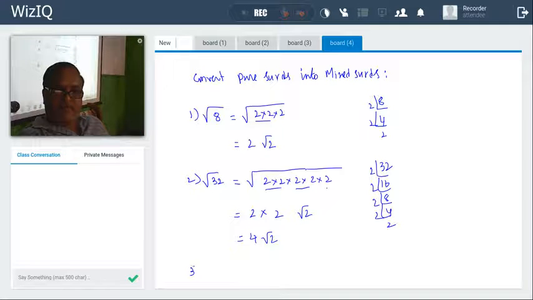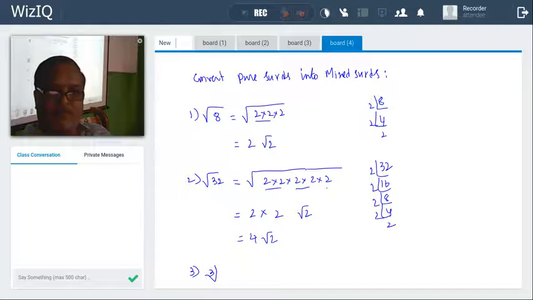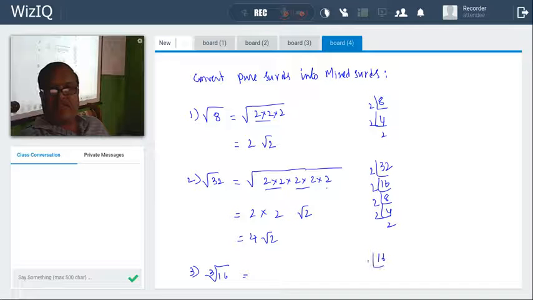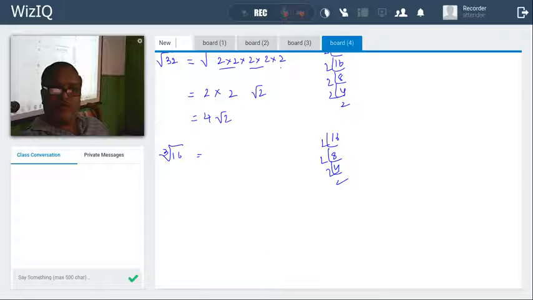I'll give you one more question. Suppose cube root of 16 is there. So 16, you have to put it like this: 2, 8, 2, 4, 2, 2. So cube root of how much? 2 into 2 into 2 into 2.